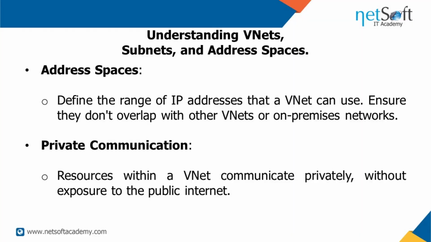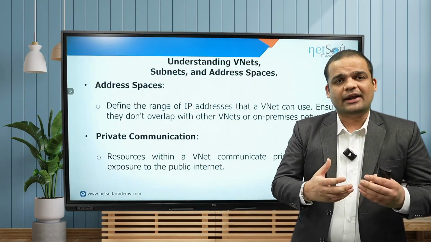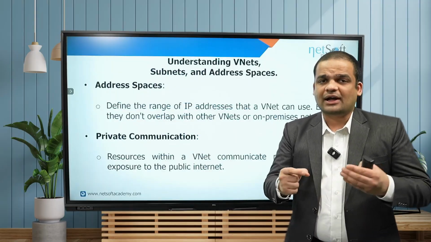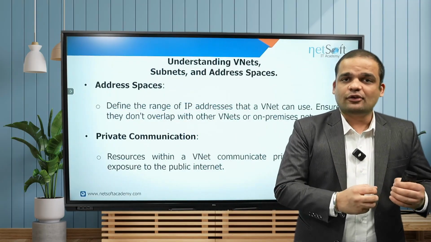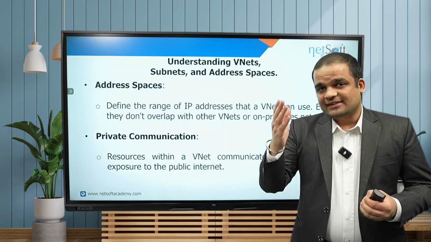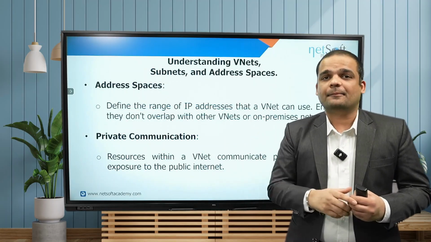Now, VNets use private IP address range, typically from this RFC 1918 address space protocol, that is Class A, Class B, and Class C, where Class A is 10.0.0.0/8, where /8 is your CIDR.